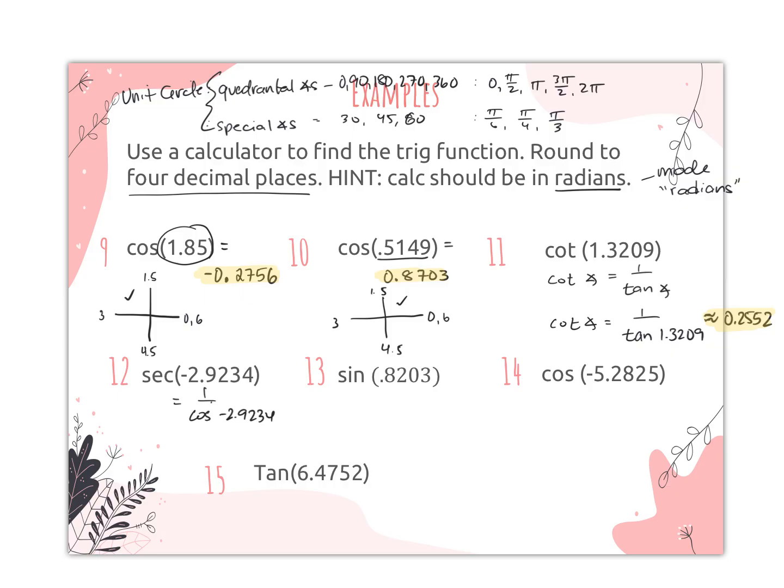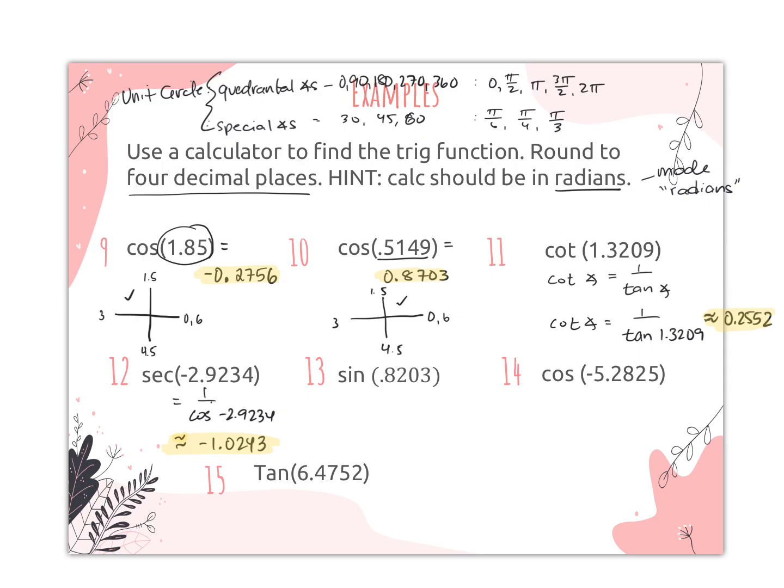And guys, be really careful when you're typing this in your calculators. 1 divided by the cosine of negative 2.9234, and I'm going to get approximately negative 1.0243. Be careful, guys, double check it. Type it in twice just to make sure you got the correct values, just to be safe on these.